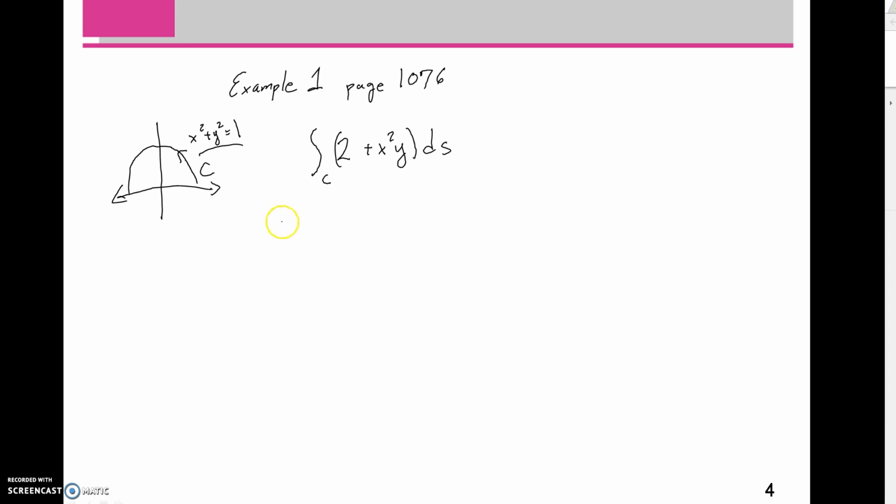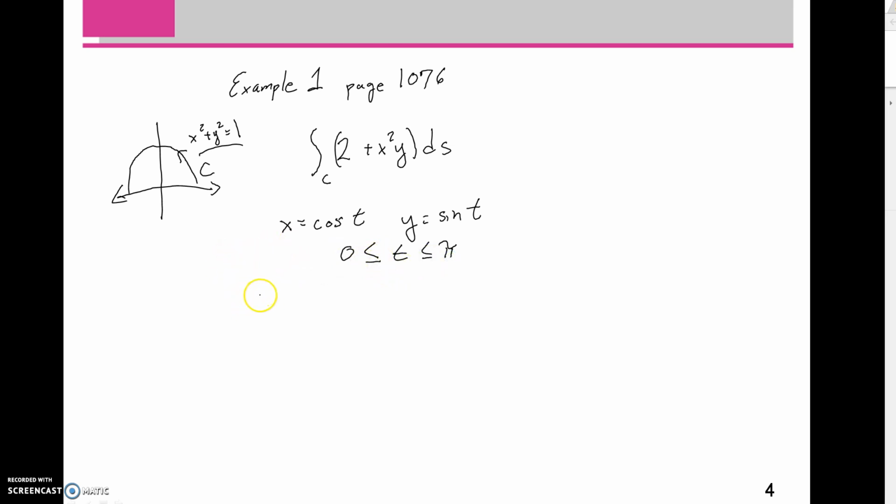That's the first thing we've got to do. We're talking about unit circles, so this is pretty simplistic. We know that x is going to be cosine t, and y is going to be sine t. Now, we're not going full circle, so our parameter t is going to go from 0 to pi.